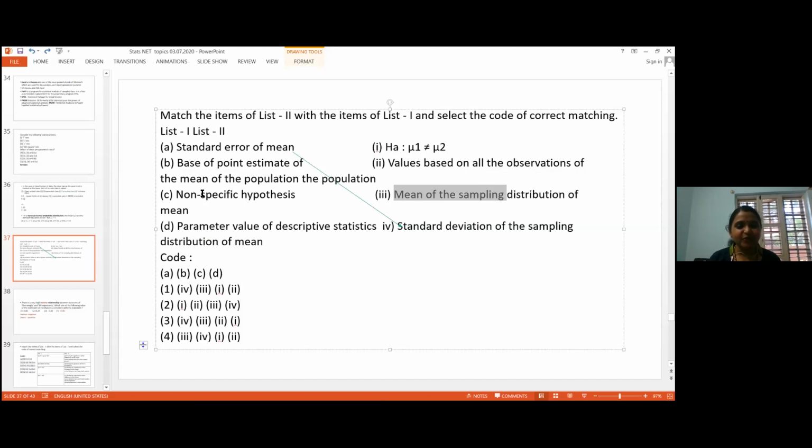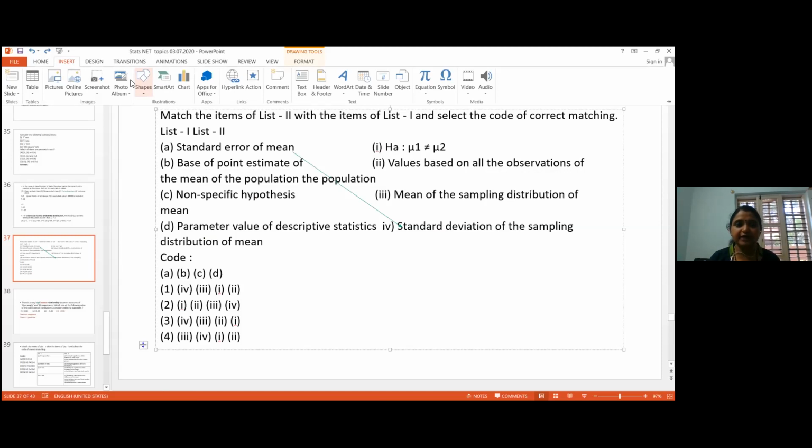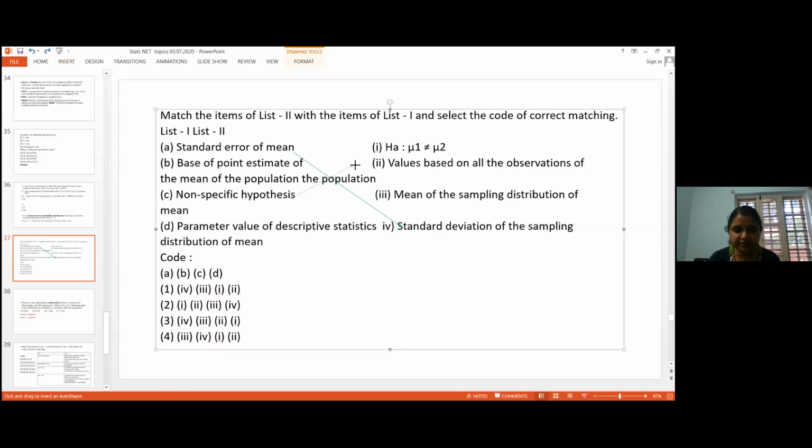Third one. Non-specific hypothesis means, here you can have clarity. What is one-tailed and two-tailed test? When you are not sure whether it is greater than or less than, it is an alternative hypothesis of the not-equal-to type. And parameter value of descriptive statistic corresponds to mean.